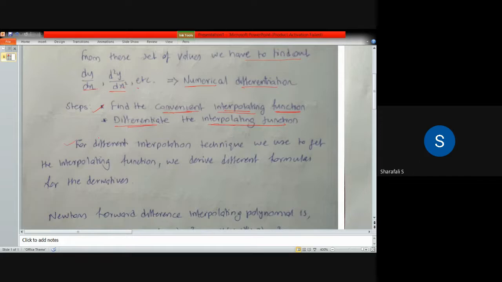We have different interpolation techniques. If you use any of those techniques, the corresponding differentiation also will be different. For different interpolation techniques we get different interpolating functions, and we derive different formulas for the derivatives.